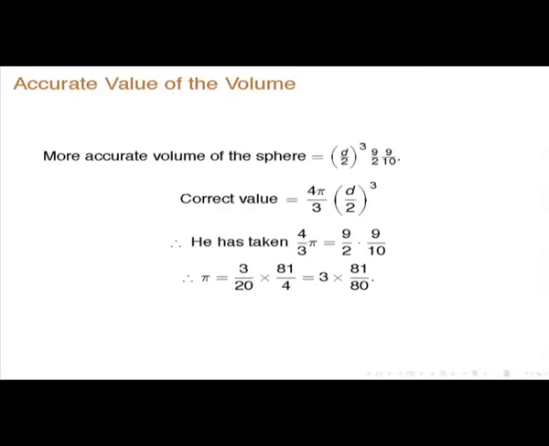So, if you equate these, you will get 4 pi by 3 equal to 9 by 2 into 9 by 10. So, essentially, if you assume that he has taken the circumference by diameter, pi, to be this, 3 into 81 by 80, then at least it is better than 3.